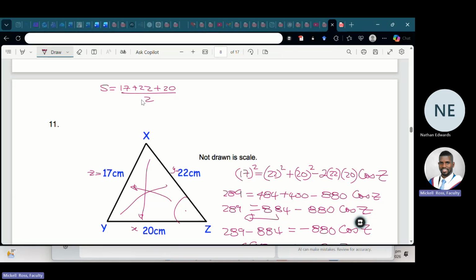So the semi-perimeter is going to be equal to 29.5. So the area is going to be equal to the square root of S times S minus A times S minus B times S minus C.